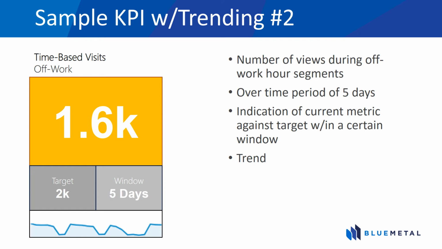Well, this one we did not make either, but according to our business logic, we're saying that this is not too far off. So it's not as bad as the other one where we colored it orange or darker. We're saying that it's yellow because it's almost there. It's not quite what we wanted. And then we're showing a trend here of the visits over a time period.